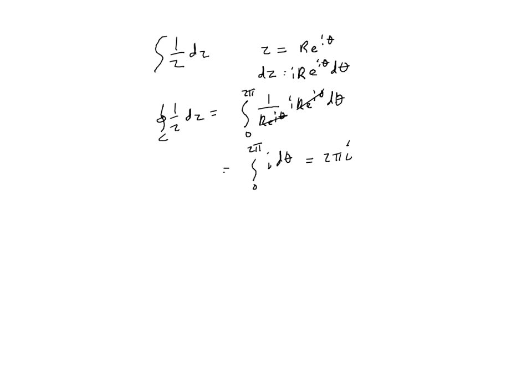So the whole idea is that you're only integrating around the singularity, and it doesn't matter how small I make this r, it's still going to give me the same answer, because everything outside of the singularity is just empty space and doesn't contribute anything to the integral.